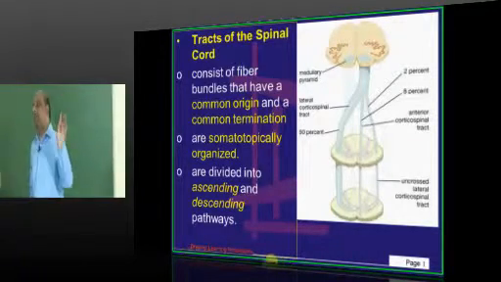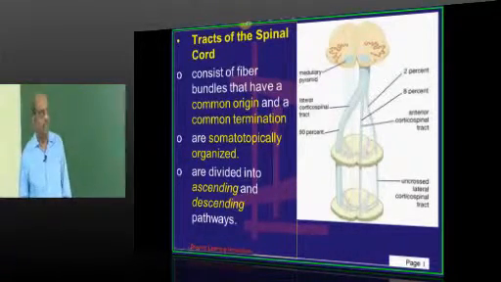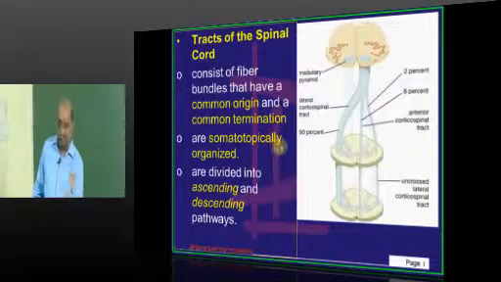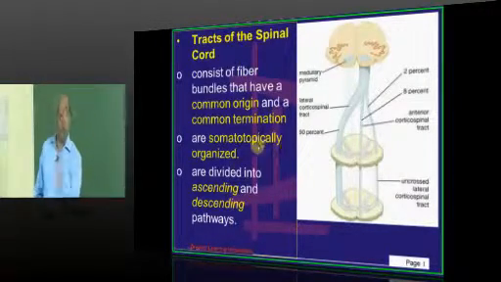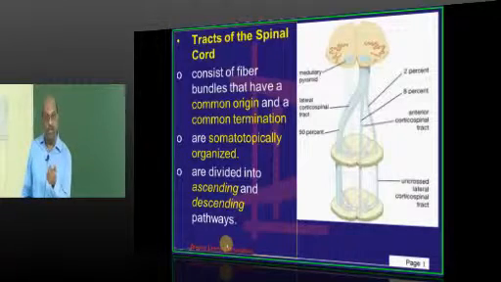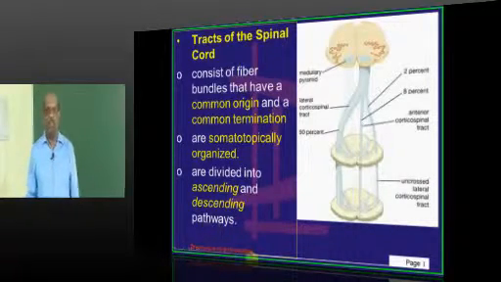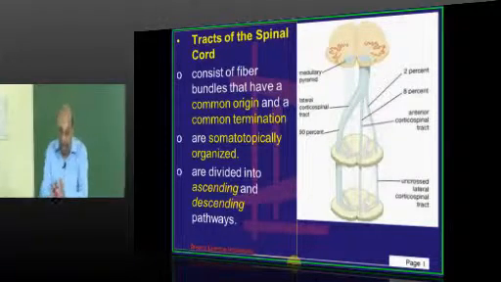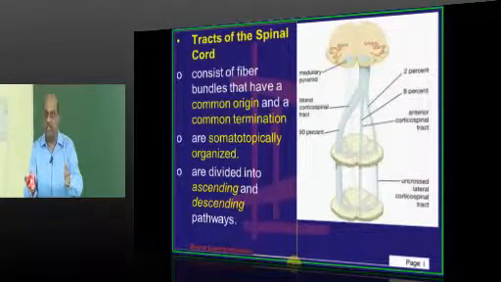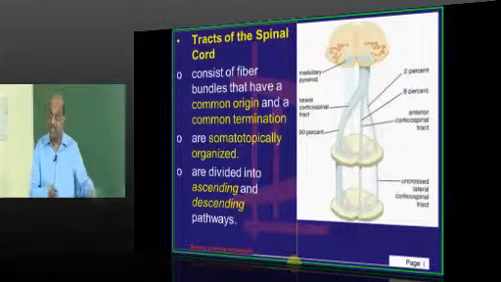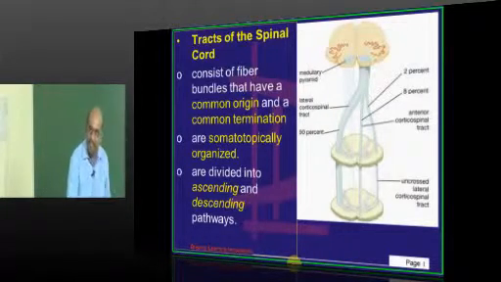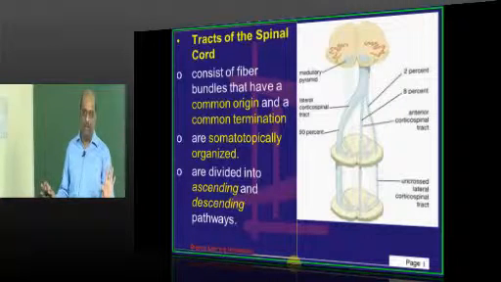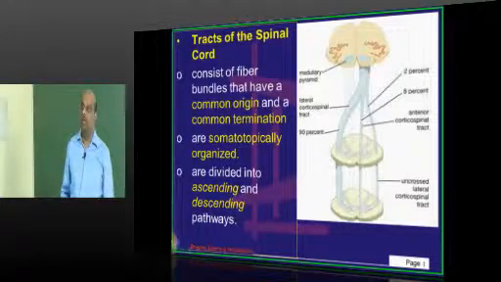They are all somatotopically organized. There is a queue in which the fibers get packed in the spinal cord when a tract is there. Why is it important? Suppose the medial fibers are coming from the sacrum, and if there is a compressive lesion from medially, then the sacral fibers get affected first and the limbs get affected later. I am just giving you an example.